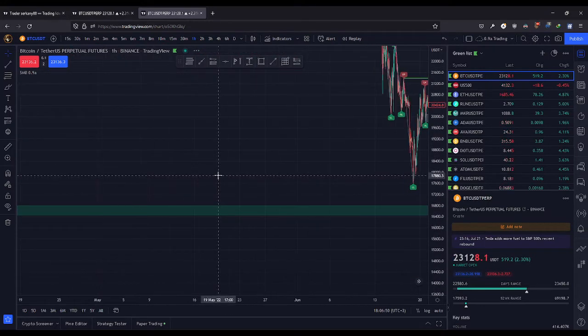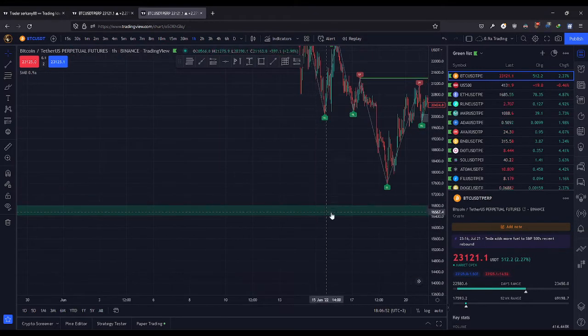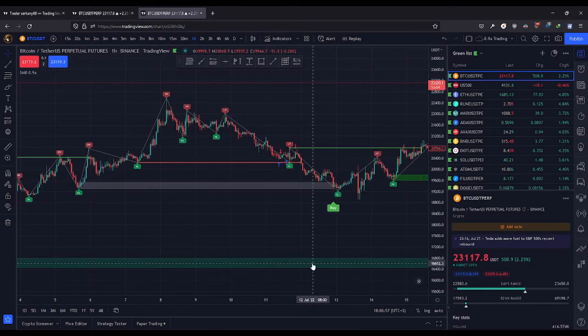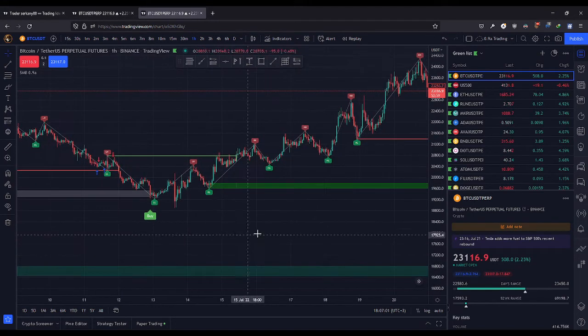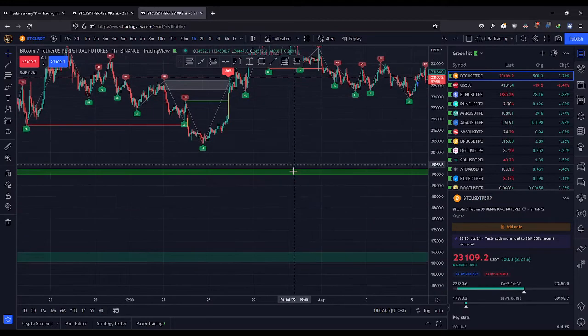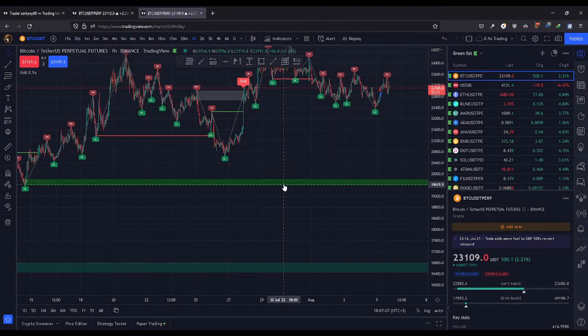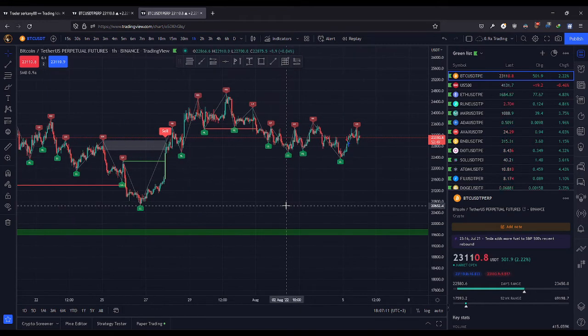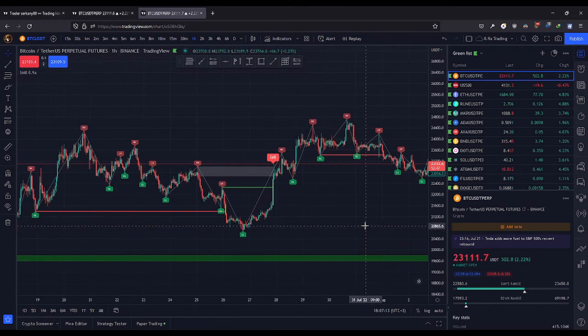Also, you will see some of these different color boxes, which means that a Quasimodo line is inside this box as well, which means that it's a more reliable box compared to the normal green ones. And so that's it really.